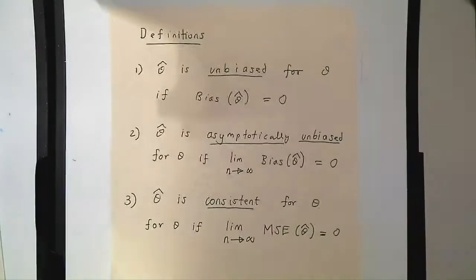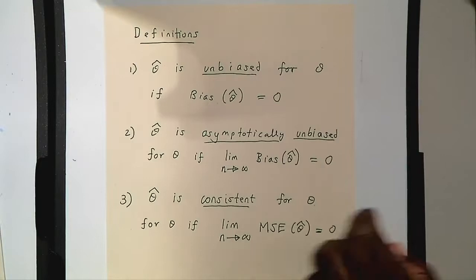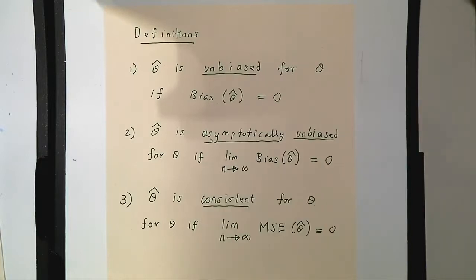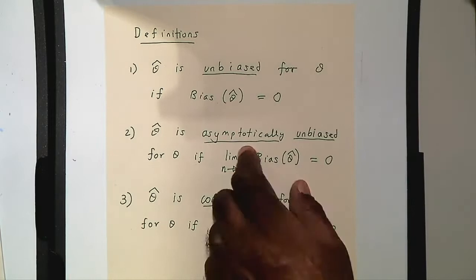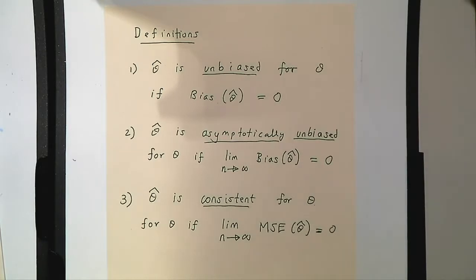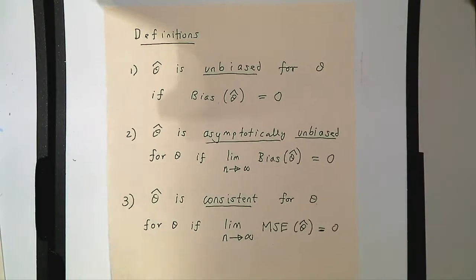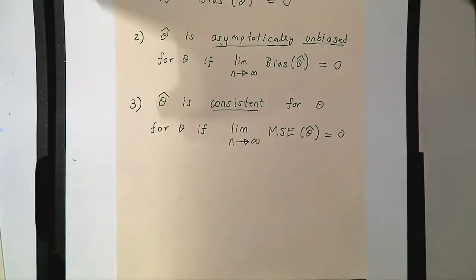Then I introduced 3 definitions. Unbiasedness means that the bias is 0, which is a good thing, right? Asymptotically unbiased means that the limit of the bias is 0, which is again a good thing, but not as good as unbiasedness. And the third thing is consistency.